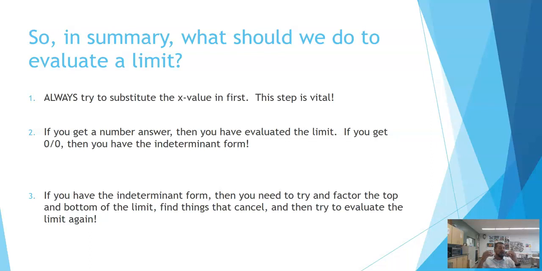What you do once you have the indeterminate form is factor both the top and the bottom of the function, and once you do that, you see if anything cancels out. You cancel those things out, then you try to evaluate the limit again by plugging in that exact same number, and if you get a number answer out, then congratulations, you have evaluated the limit correctly.